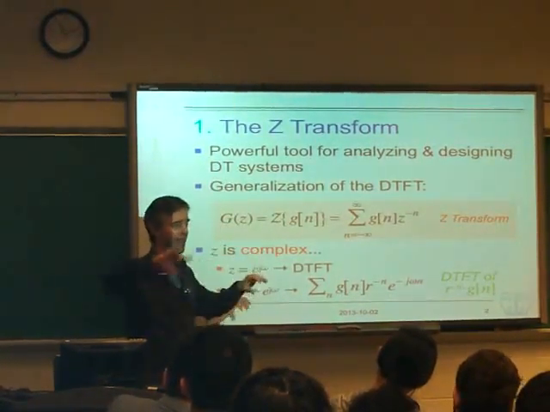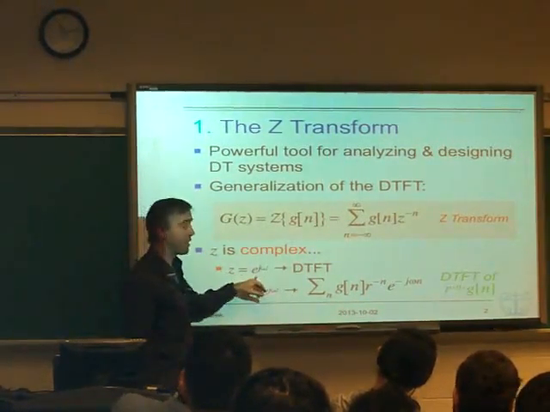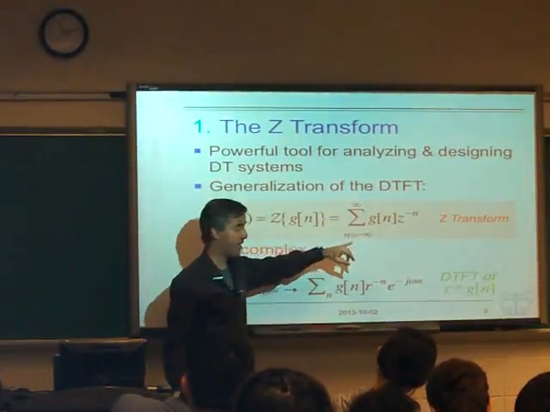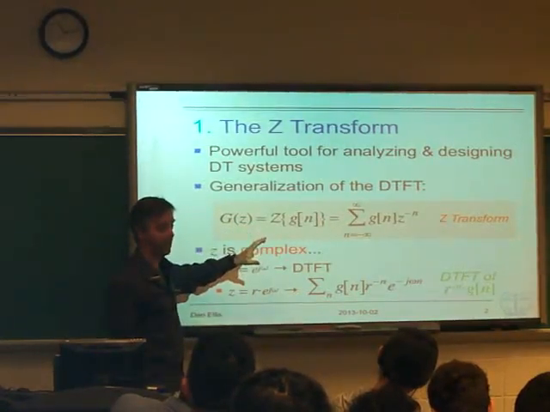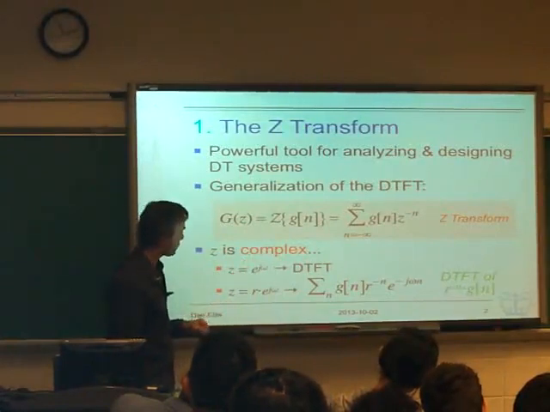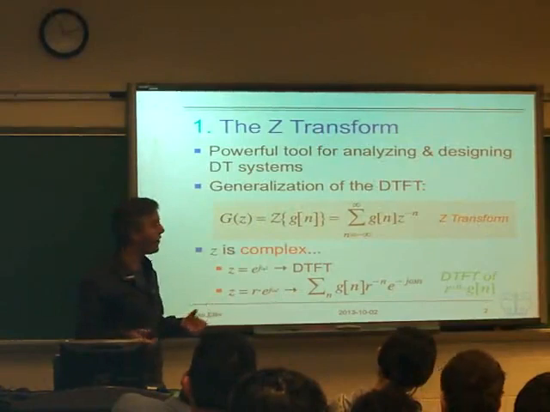It's not just on the number line, it's any values on this 2D plane. If z is equal to e to the j omega, then it's just the DTFT. That's why we wrote g of e to the j omega, because now we don't even have to distinguish between those two. It's just g of z for z equal e to the j omega. But the reason we're introducing this is because we can think of other values of z.